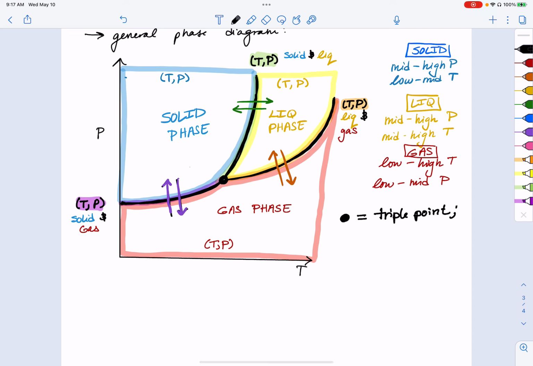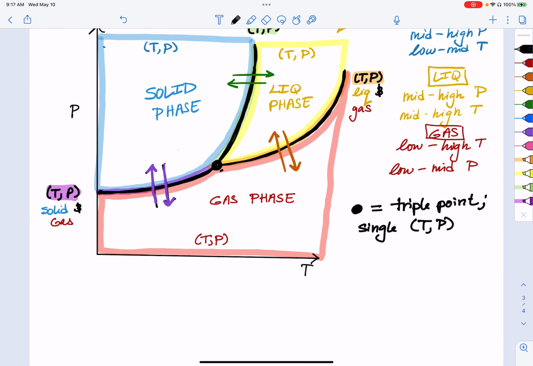And the triple point is a single temperature and pressure data point, right? I could figure out what that is by looking at my plot. Like I could find some associated temperature and pressure.